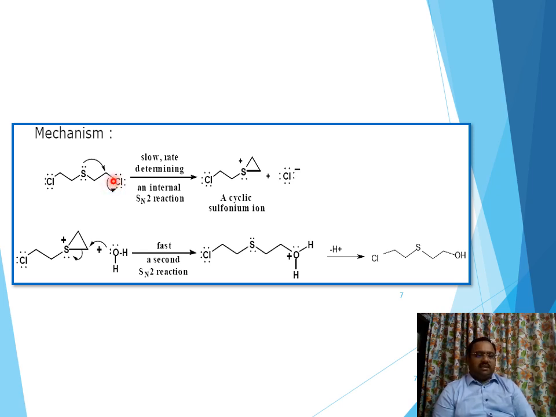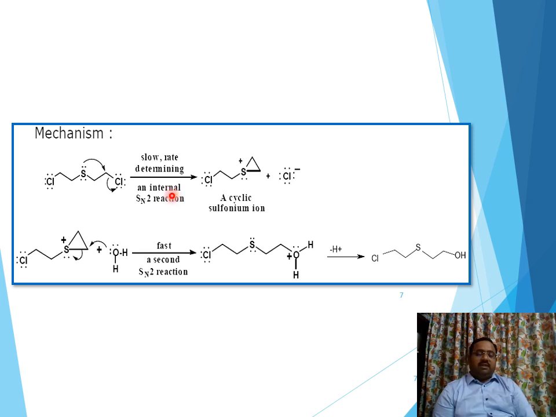Slow step, hence it is called RDS, the rate determining step, and this is called an internal bimolecular nucleophilic substitution reaction, that is internal SN2 reaction.